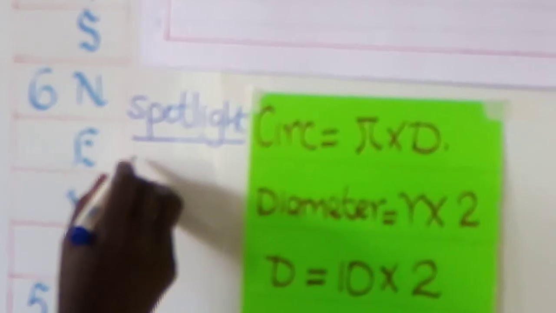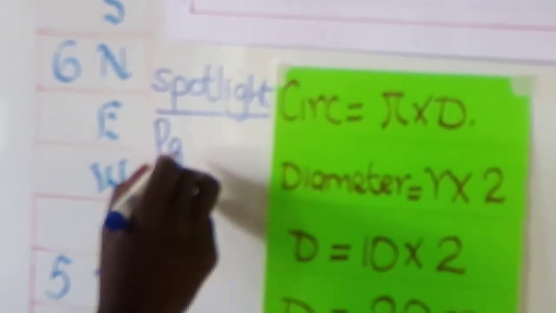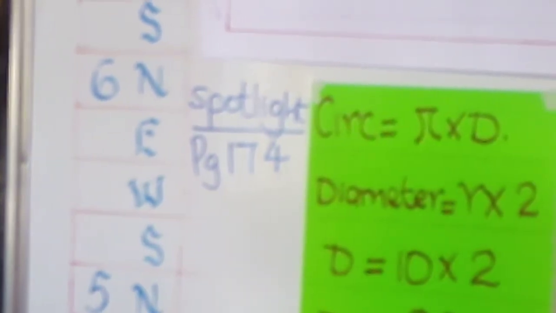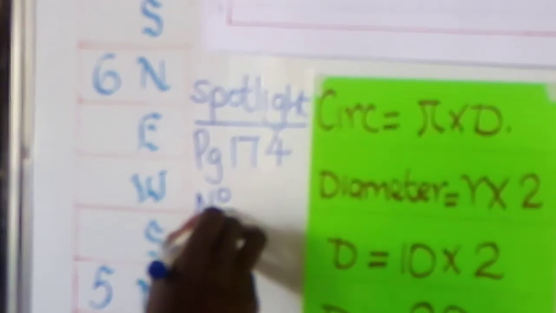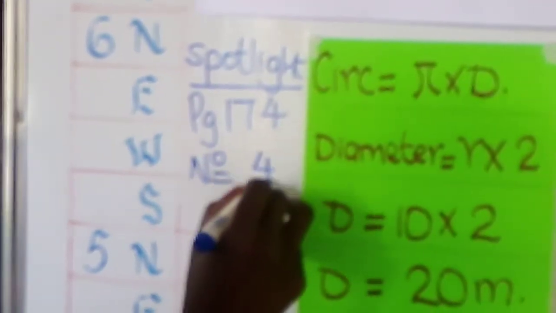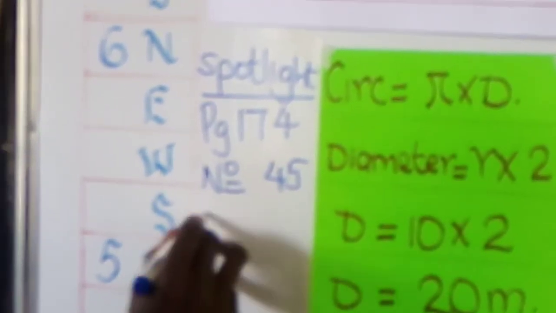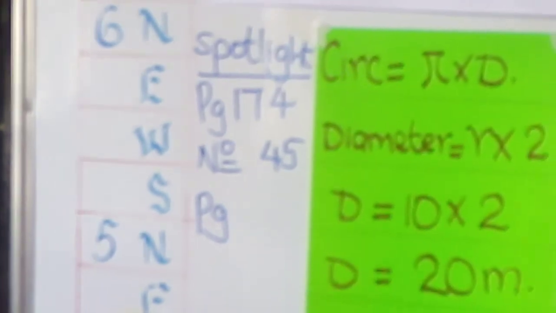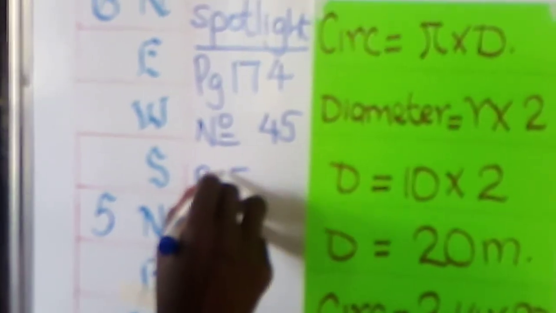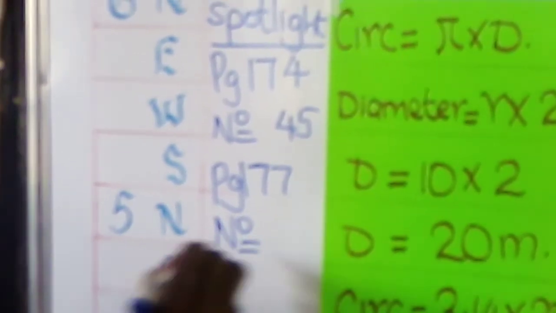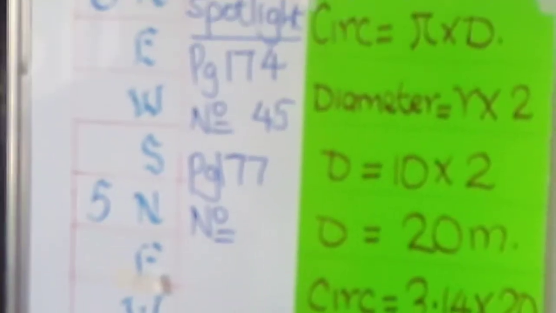Page 174, you're going to do number 45. Page 177, you're going to do number 25.